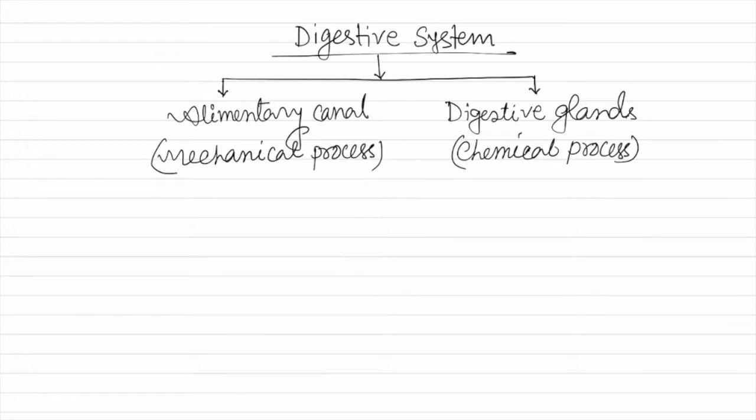The mechanical process starts from the mouth and the end part is the anus. It is a tube-like, canal-like structure that originates from the mouth and ends at the anus. In the chemical process, there are different types of digestive glands that produce chemical substances.